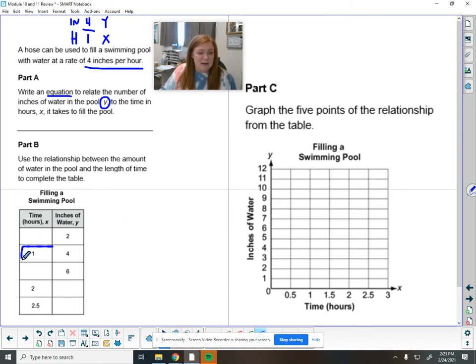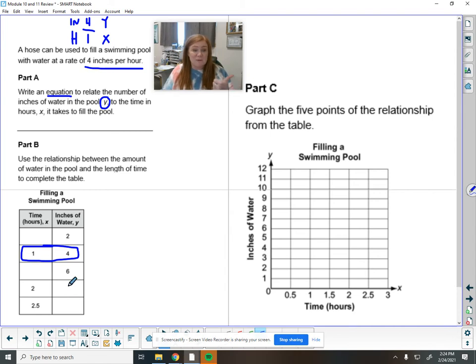So we can see right here, 1 hour was 4 inches. 1 x is 4 y's. So if it's been 2 hours, what do you think?